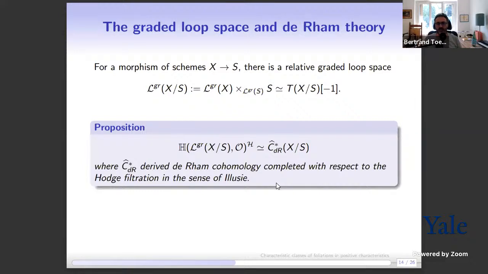When X over S is smooth, this completion is not there. It's already complete because the Hodge filtration is finite. But when X over S is not smooth, this completion is very important. So the derived Durham cohomology is obtained by H-equivariant functions on the graded loop space.